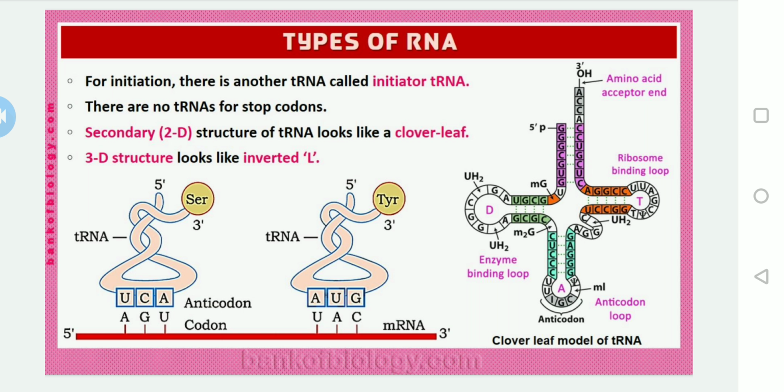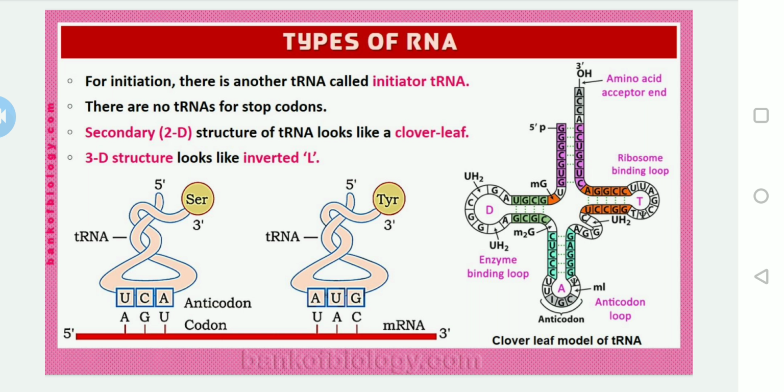There is no tRNA for stop codons, which are UAA, UAG and UGA. So you should be careful to identify the structure exactly.